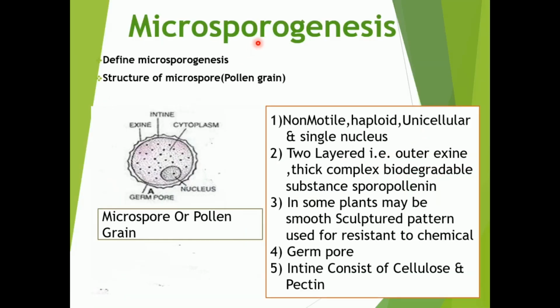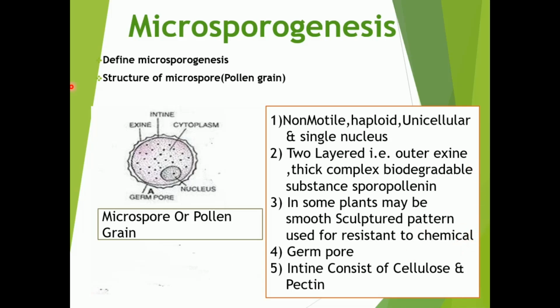Next term is microsporogenesis. What is the meaning of microsporogenesis? Here, microspore mother cells divide meiotically to form tetrads of haploid microspores, also called pollen grains.